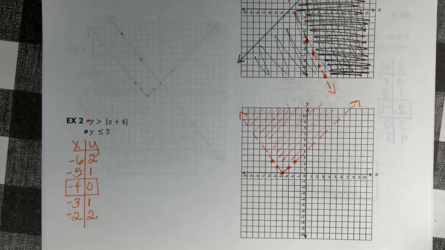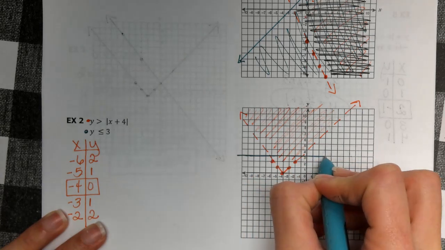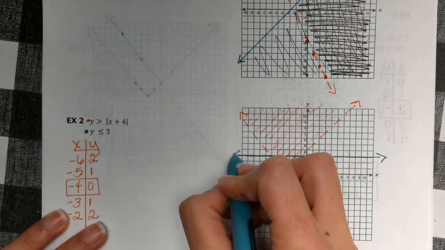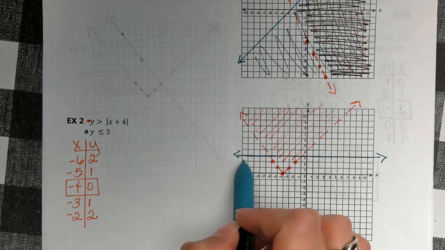And then y is less than or equal to 3. That's a horizontal line. It's solid. And it's shaded where? Below.